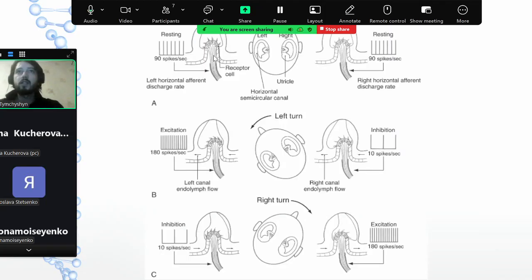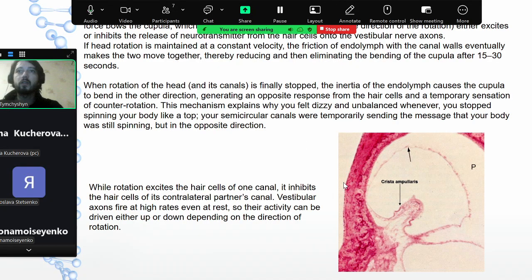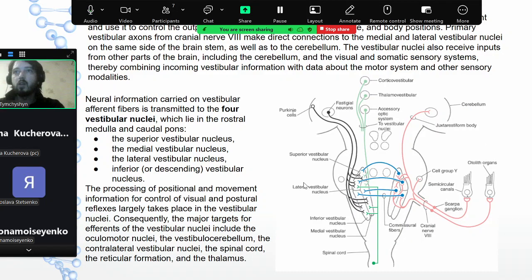And here is an example of what happens when we are rotating our head, and that liquid by inertia moves the stereocilia and activates different neurons. Once again, you see that thing in a slice. That's a microphotograph. Here you see the crista ampullaris. So here is the ampulla, and this thing basically wobbles as we move our head and lets us detect where we are moving.